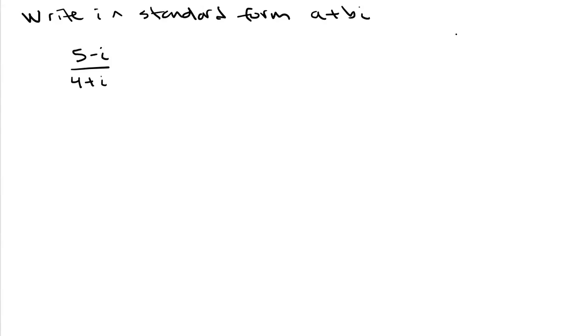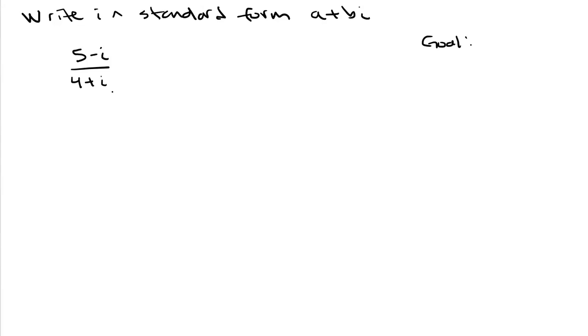Okay, so in this problem, they want us to write this in standard form, as a plus bi. So we have (5 minus i) divided by (4 plus i).